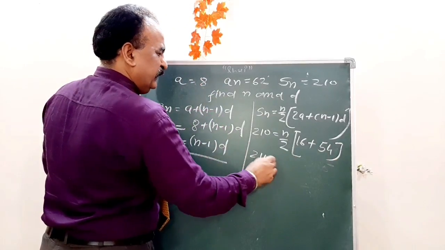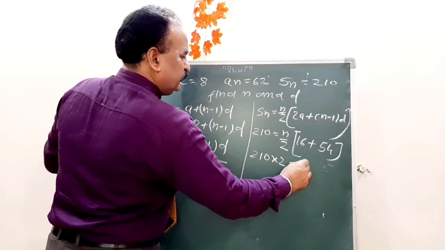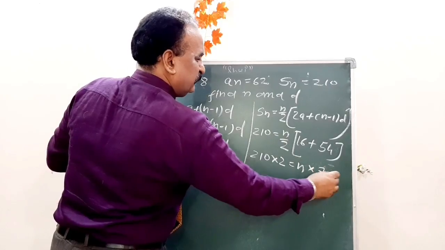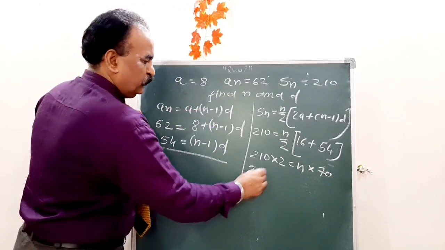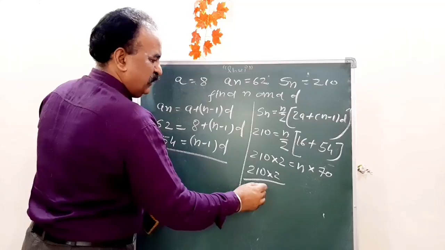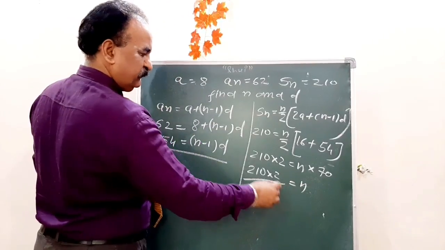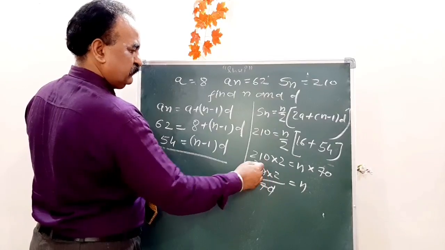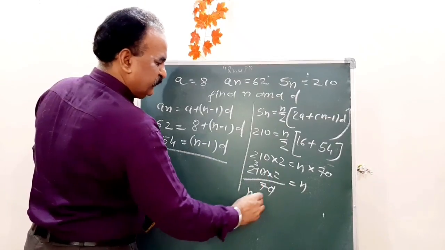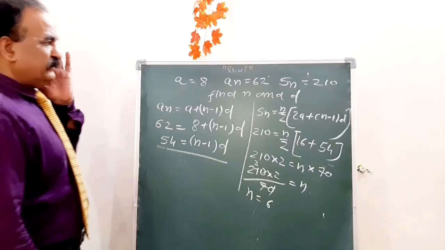So 210 into 2 is equal to n into bracket 70. So 210 into 2 upon 70 is equal to n. It means n is equal to 6.